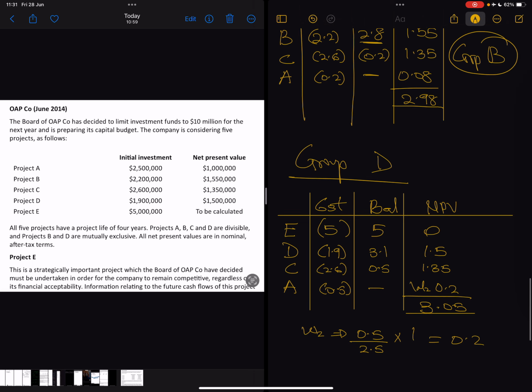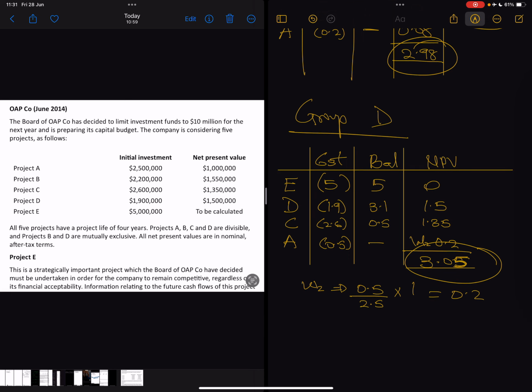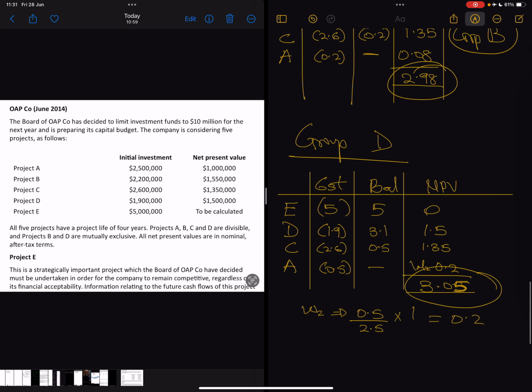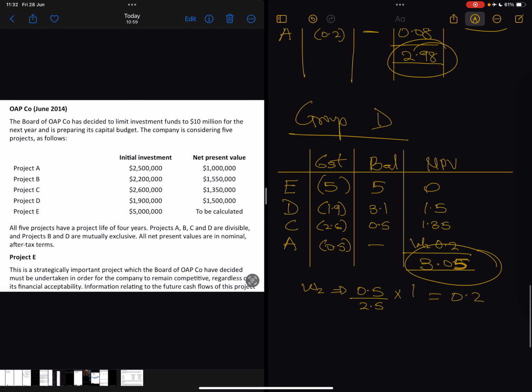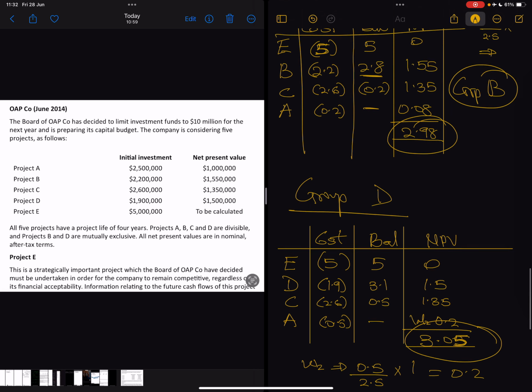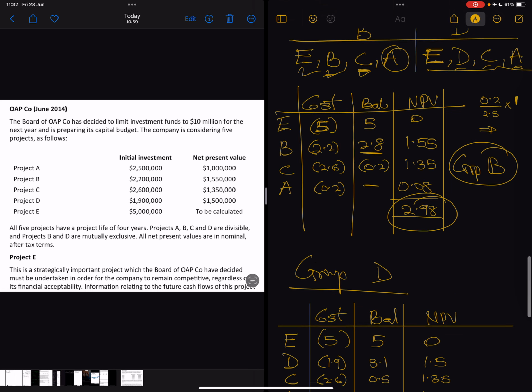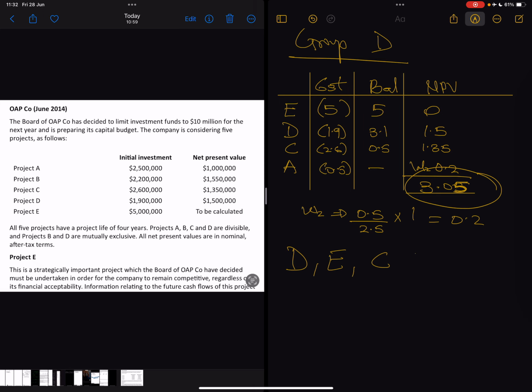So which means we need to compare the two groups. Group B is giving us 2.98. Group D is giving us 3.05. So which means the best combination, given the information available, is to do project D, project E for sure, project C. So we'll do all of this. However, we can't do all of this at 100%.